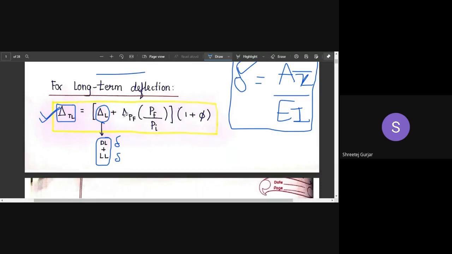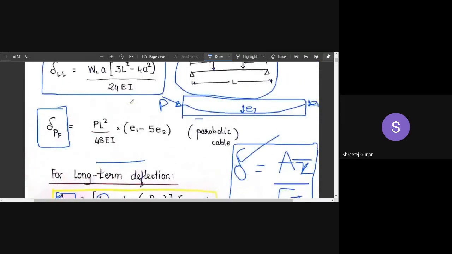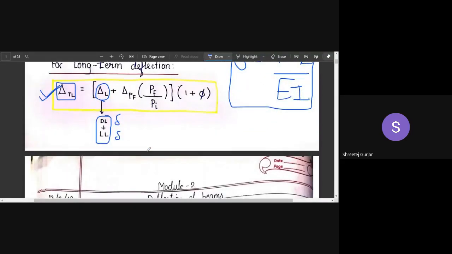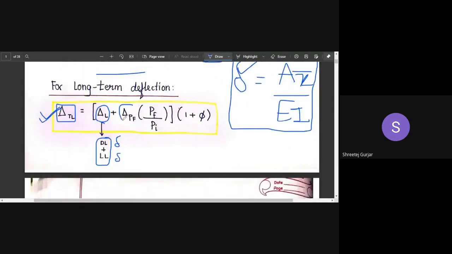plus deflection caused by pre-stressing force, which we have calculated here, depending upon the cable profile, delta PF, into this loss ratio, the pre-stressing force loss ratio, which is equal to PF by PI. So what is PF? PF is the final pre-stressing force.